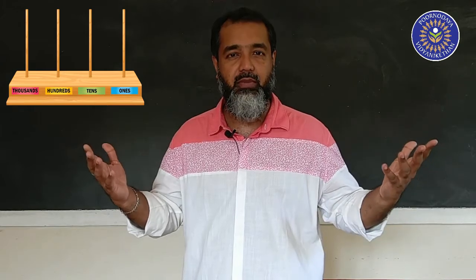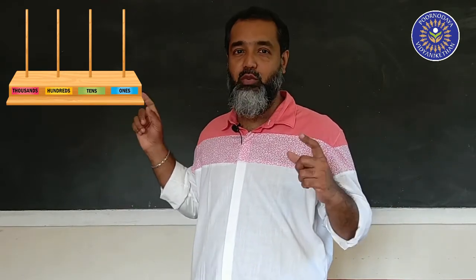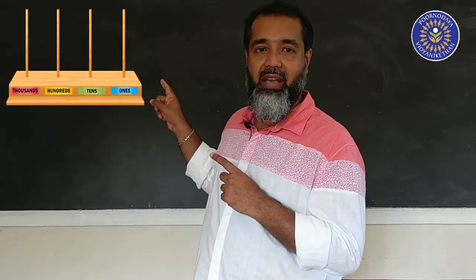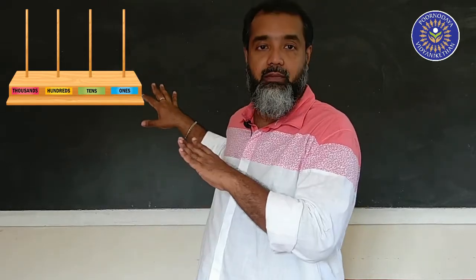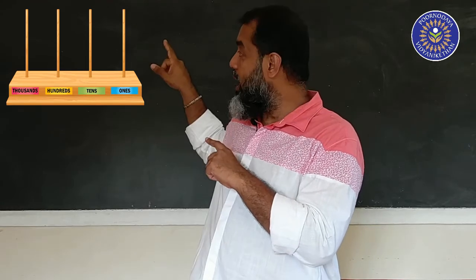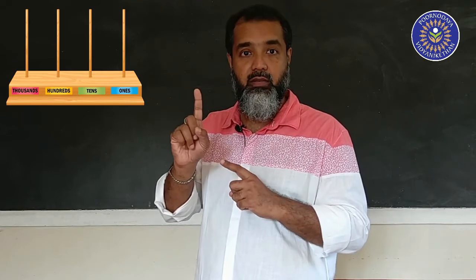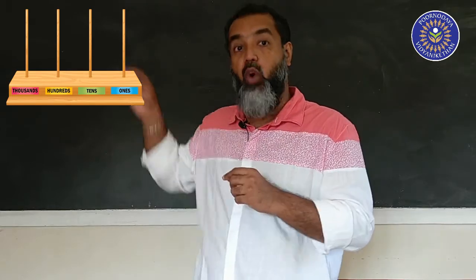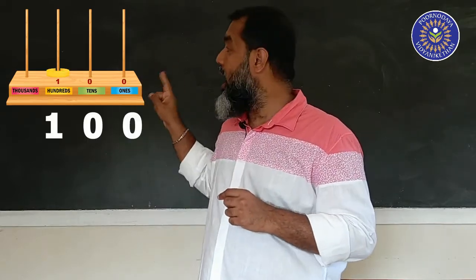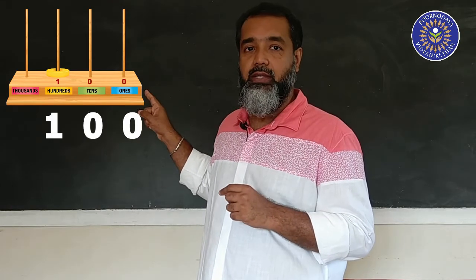We need to learn how you would write 100, just as an example. How would you write that? Check the abacus. Now the abacus is empty. 100 means in the hundreds stick we will put 1 ring.